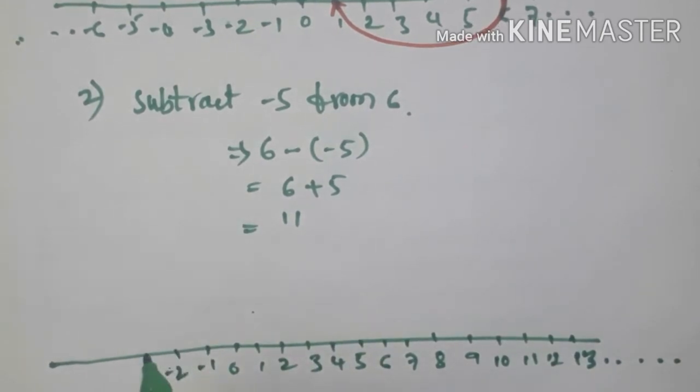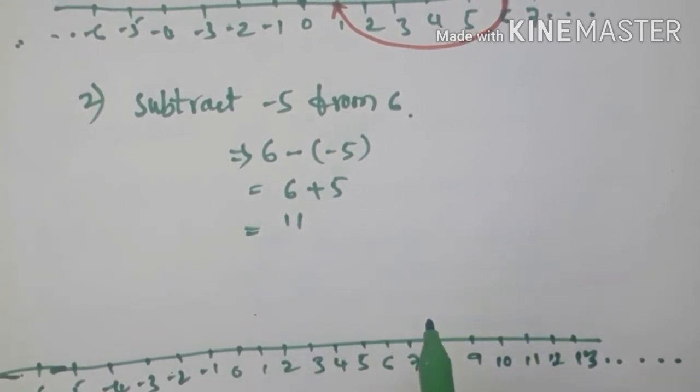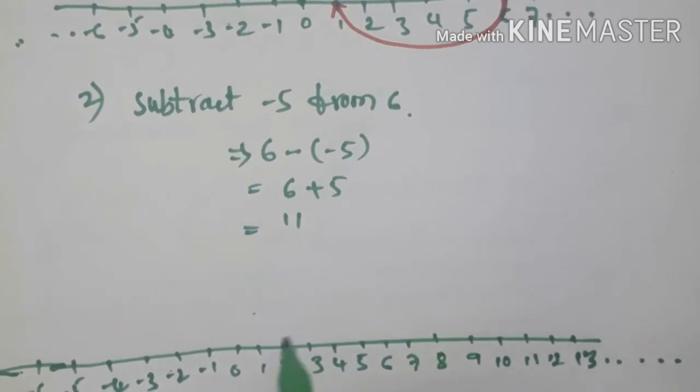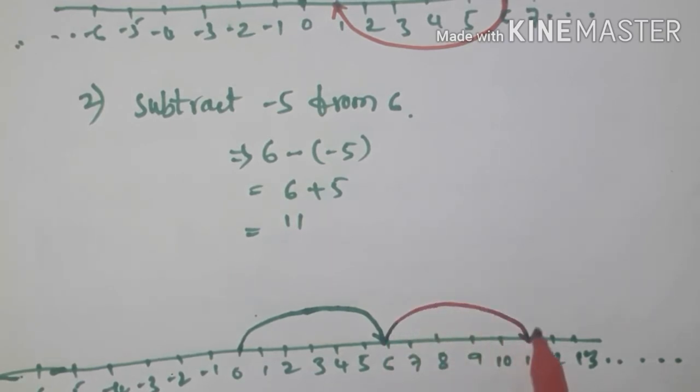So move 6 steps right of 0, that is from 0 to 6 you have to draw a line, and for minus 5 we would have to move left, but in this example we have minus of minus 5, so we move in the opposite direction, that is moving 5 to the right from 6, and we reach 11.